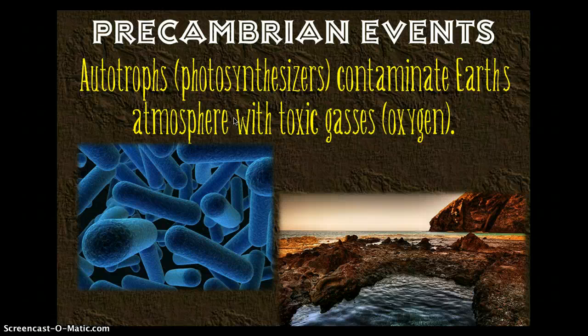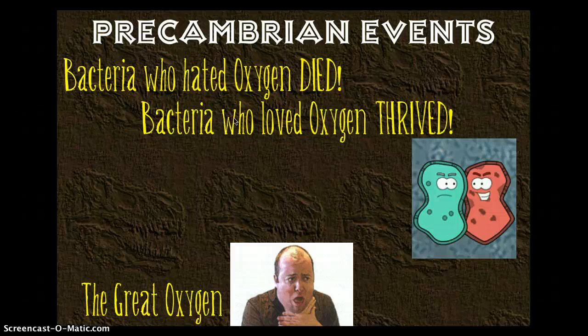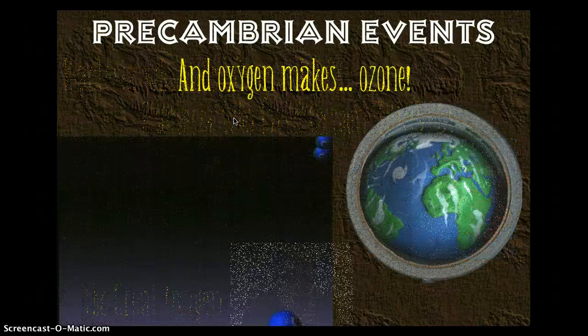In fact, it's the autotrophs that really led to the quote-unquote contamination of our atmosphere with toxic gases. It's known as the Great Oxygen Catastrophe. It was great for us. It was a catastrophe for some of the earliest bacteria, the anaerobic bacteria, because they die in the presence of oxygen. But it was these autotrophs that really kind of helped to create the oxygen atmosphere that we have today.